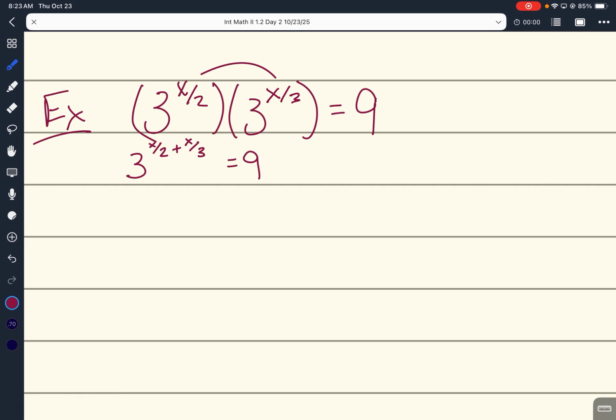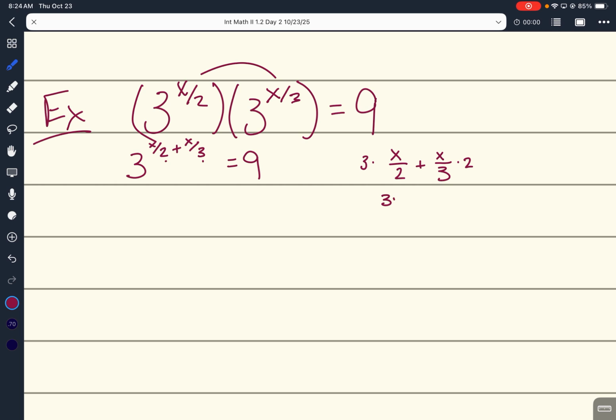In order to add fractions, I have to get what? Common denominators. My denominators are 2 and 3, so what would the common denominator be? 6. So, side note, I have x over 2 plus x over 3. To make it 6, I have to multiply this one by 3 and this one by 2.